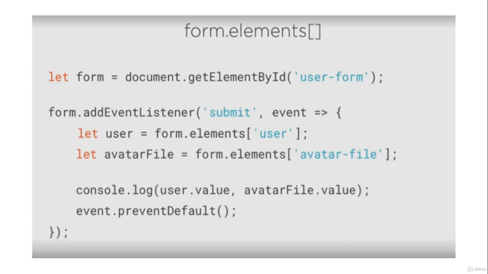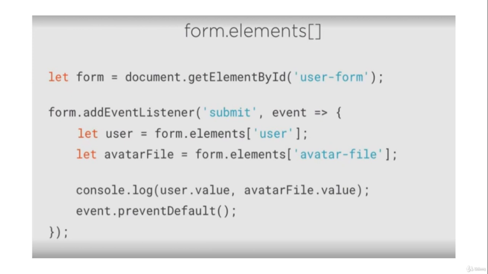So we log out user.value and avatarFile.value, and we are still not ready to post to the server, so we'll leave in event.preventDefault. So here is our code from the slide. I will save it, and I will just add some dummy values into the form.